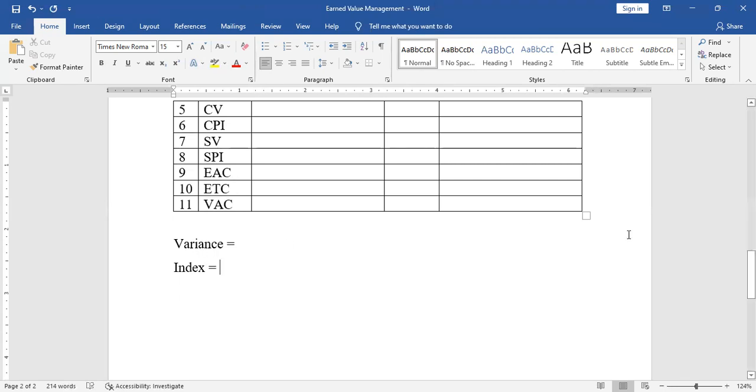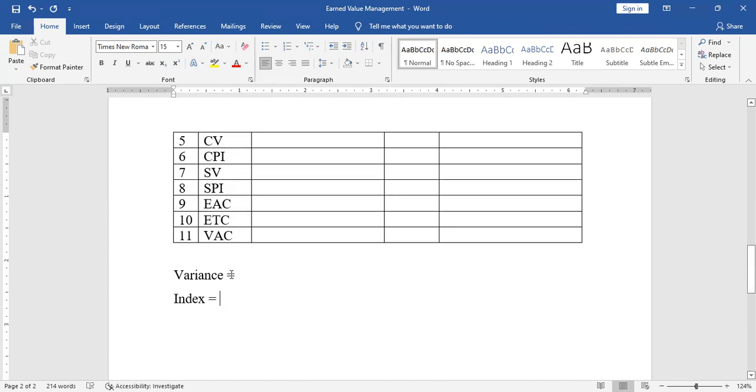Now, when we say EV is very important, I simply mean in all the variances EV will be found, and in all the indices EV will be found. So EV is always in front when we say variance, and then we say minus. It's either we are minusing planned value or actual cost.